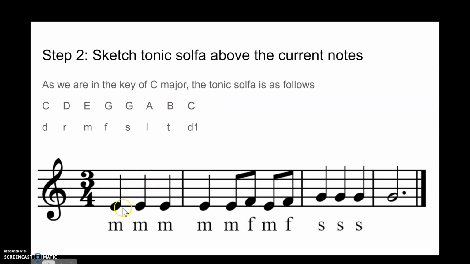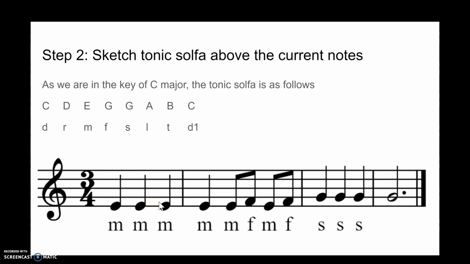Okay, now you can see I've sketched the tonic solfa in underneath the notes here. So in the original slide you saw we just had those notes E, E, E, E, E, F, G, G, G, G. The first bar, for example, has 3 crotchets on the note E, and in the key of C, E is mi. So the first bar is mi, mi, mi, 3 crotchets.